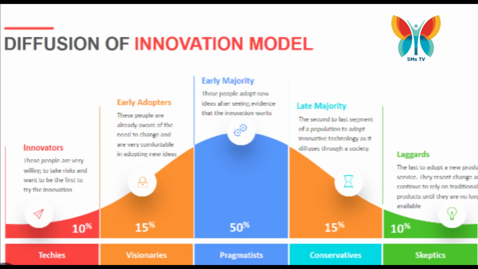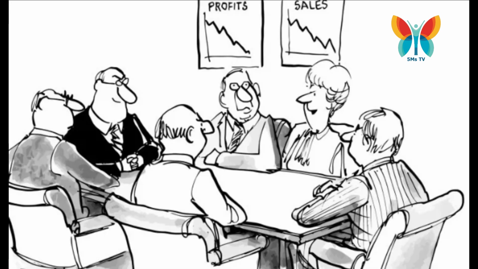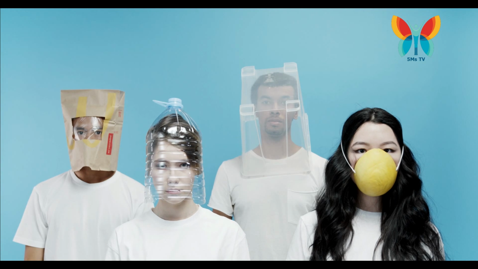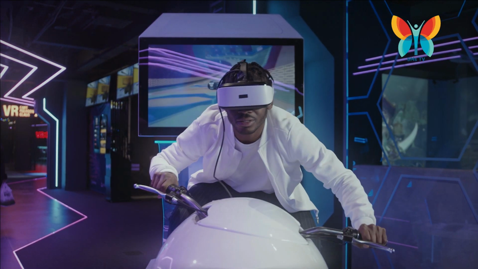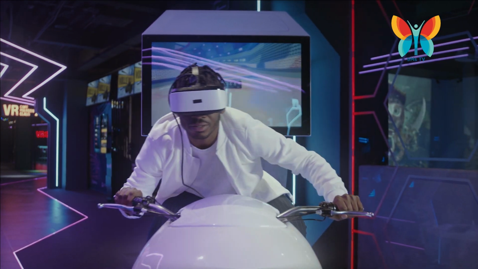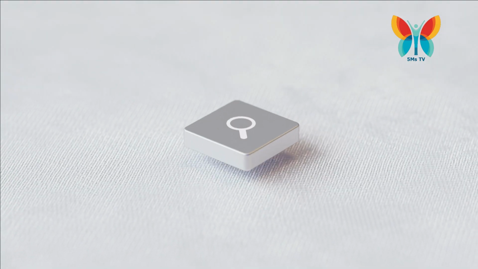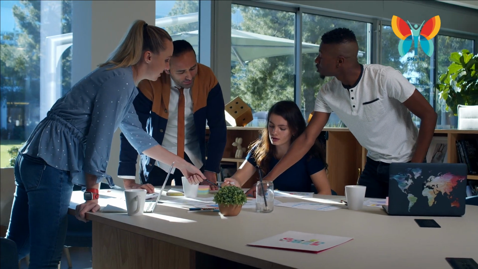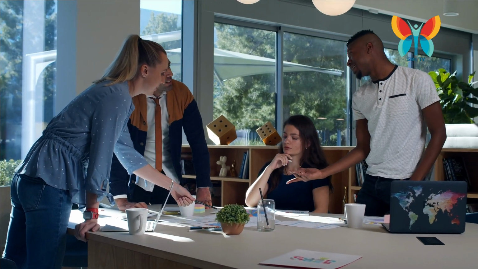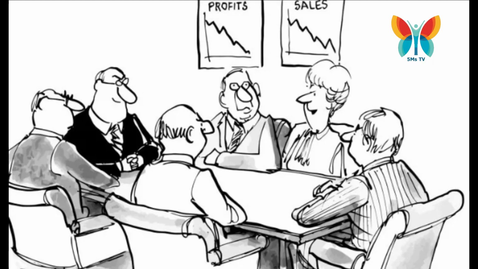Diffusion occurs within a social system, considering individuals, groups, organizations, or subsystems. Structural, political, economic, and geographic characteristics shape the social system, influencing the rate of adoption. The final stage of diffusion studies focuses on documenting and analyzing consequences, classifying them as direct or indirect, anticipated or unanticipated, and desirable or undesirable.